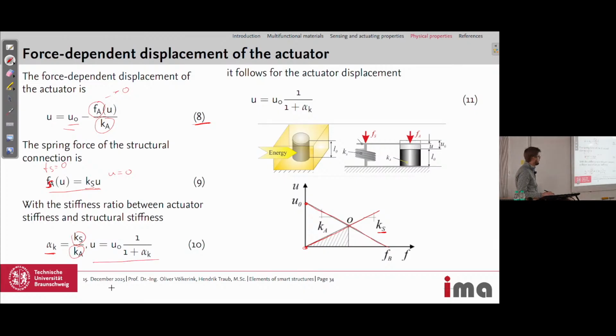The overall displacement is the free displacement u0 times 1 divided by 1 plus alpha K. So this is the actuator displacement in total. With this coefficient, the stiffness ratio, we can see the influence of the stiffness of the structure compared to the stiffness of the actuating material.